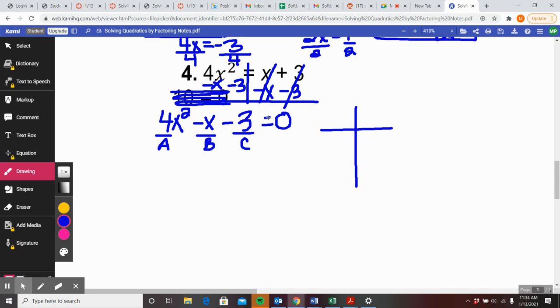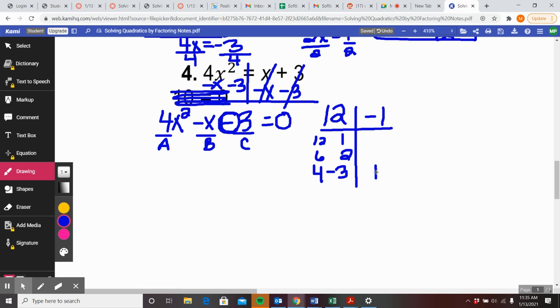So A times C is what? 12. What's your B? -1, right? So we've got 12 and 1, 6 and 2, 4 and 3. So are we adding or subtracting these factors? Subtracting. 4 minus 3 gives us 1.